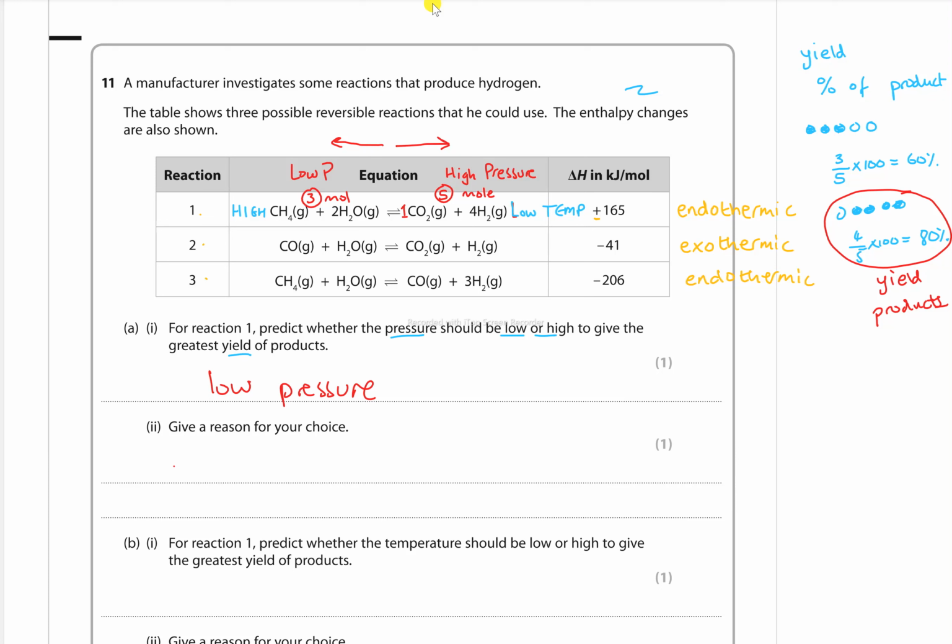The number of molecules or moles on the right hand side is less.